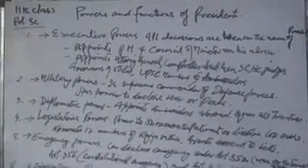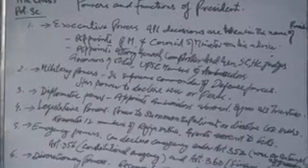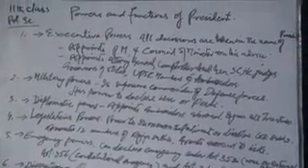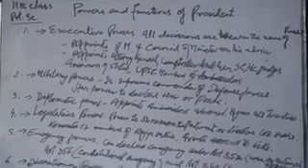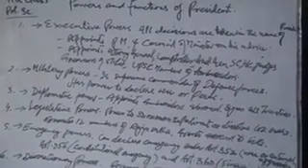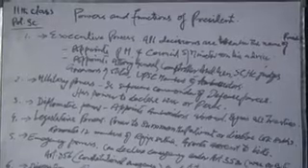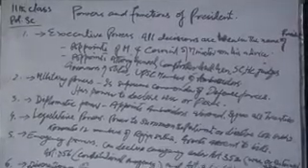In case there are 2 or 3 claimants for majority support in Lok Sabha, then it is the discretion of the President whom he will appoint as Prime Minister. So these are the powers and functions of the Indian President.